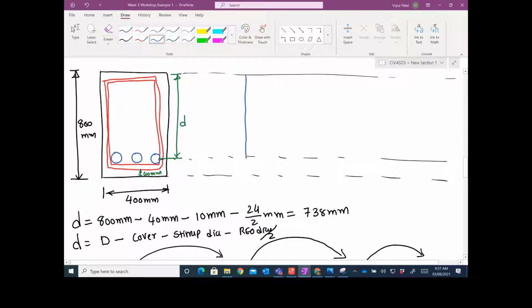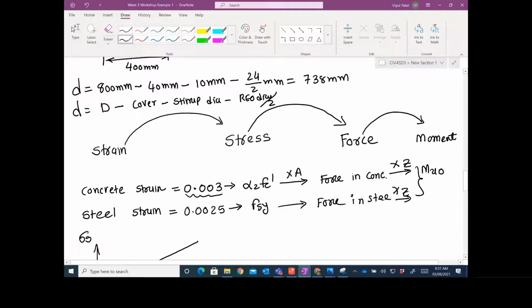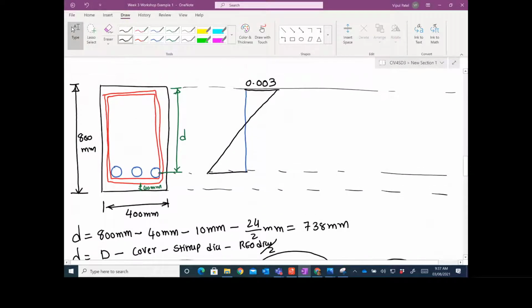For that vertical line we have the concrete strain, let's say this is 0.003. Where is this coming from? I showed you the 0.003 strain in the concrete. Let's say this is the tensile strain in the steel, and this is the neutral axis. So that is the strain profile.